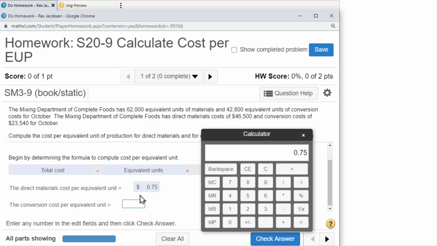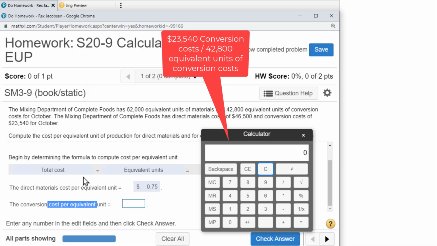So now we need to calculate the conversion costs per equivalent unit. So we're going to take the cost, remember here's our formula, cost divided by units. We're going to take the conversion cost, $46,500, oops, no. Sorry. Conversion cost of $23,540.